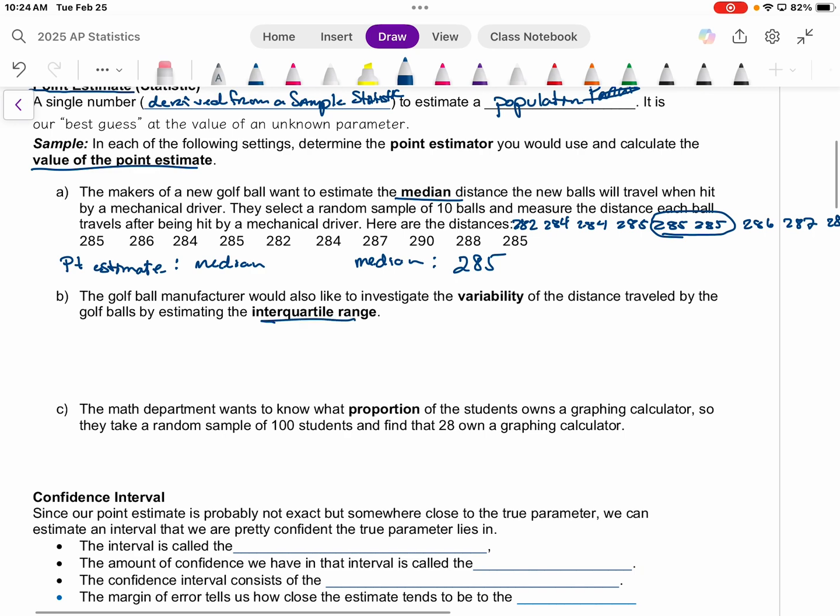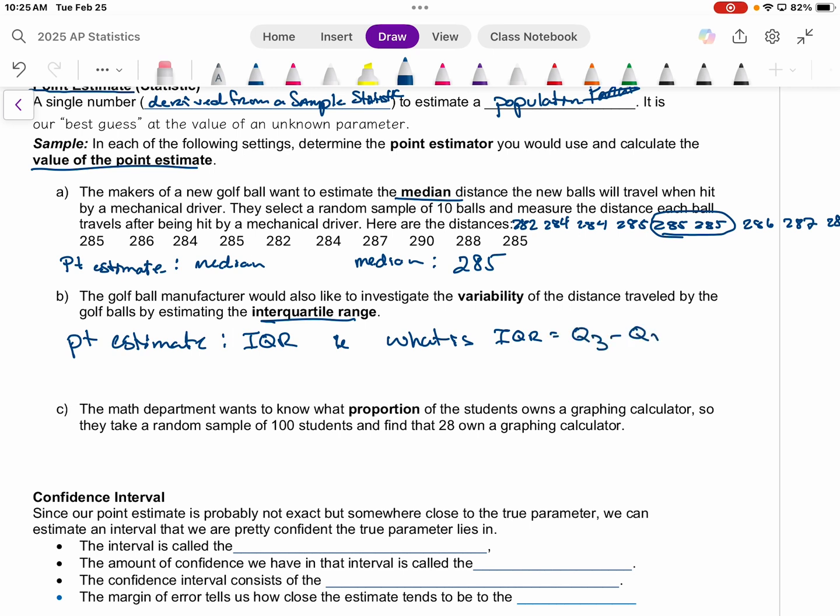They asked us to find the IQR, so our point estimate is going to be the IQR. So what is the IQR? We have to find Q3 minus Q1. The answer is 3. It's 287 minus 284.